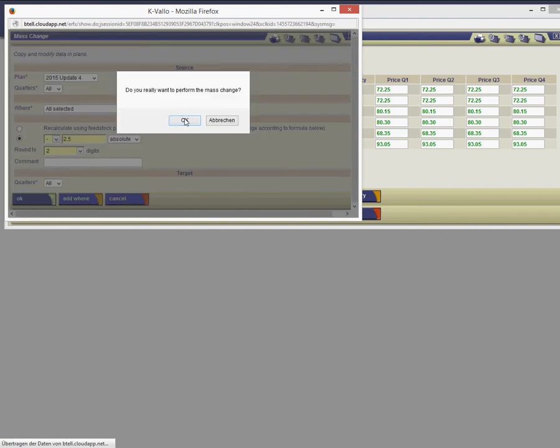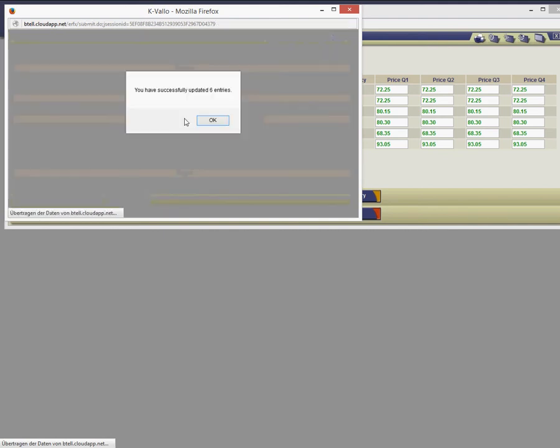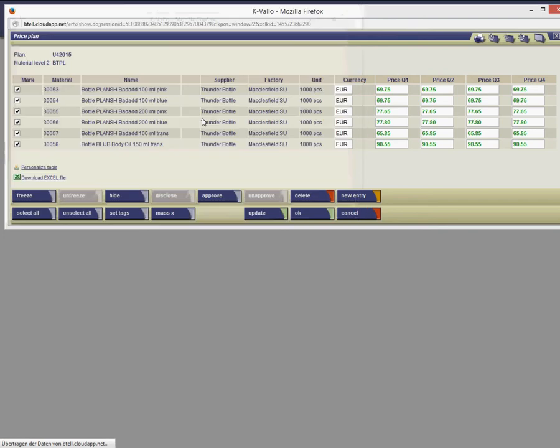And now you can see what's happened. That's your new price. So with K-Vallo you can automatically recalculate all your materials which have a feedstock clause, and on top of that you can make changes which are in absolute terms or in relative terms. I'm showing you the relative terms next.